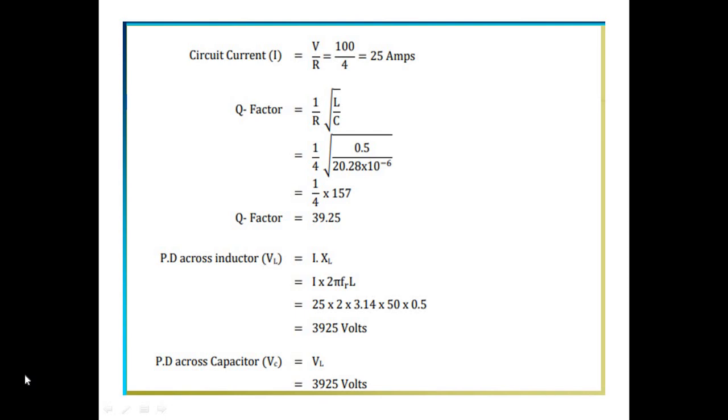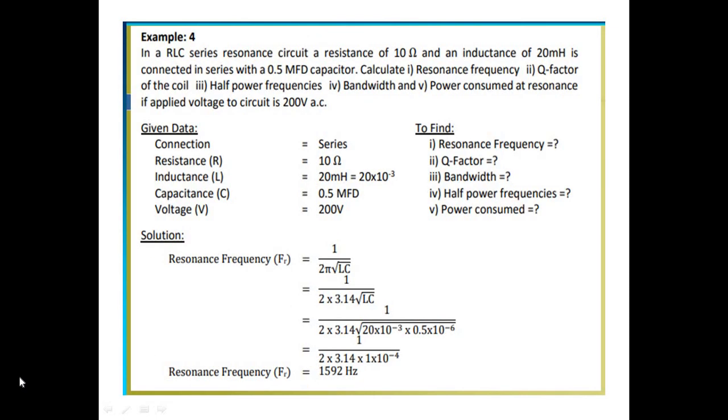Same value, the potential difference across the capacitor is 3,925 volt.